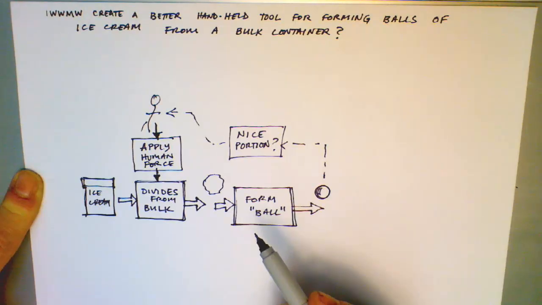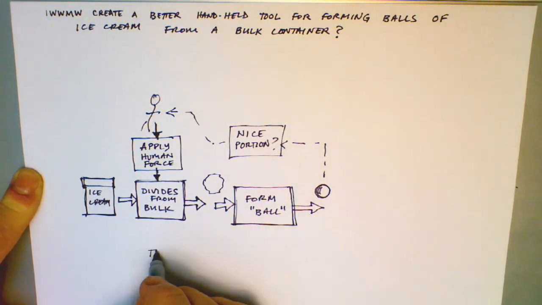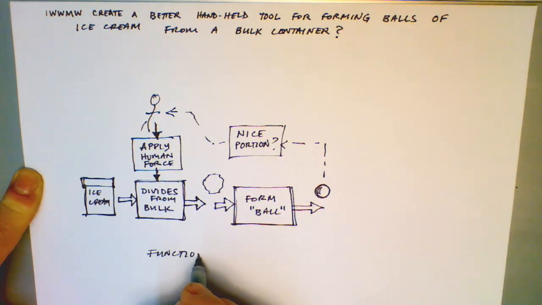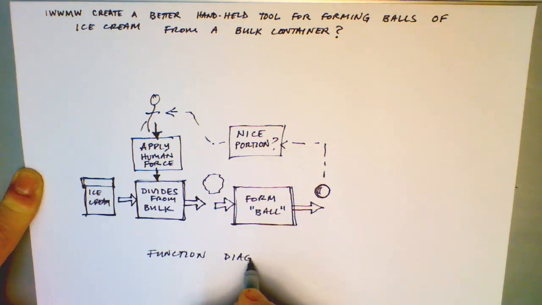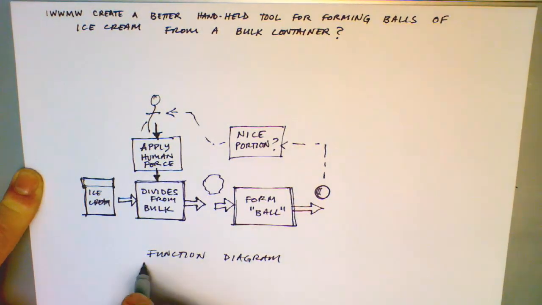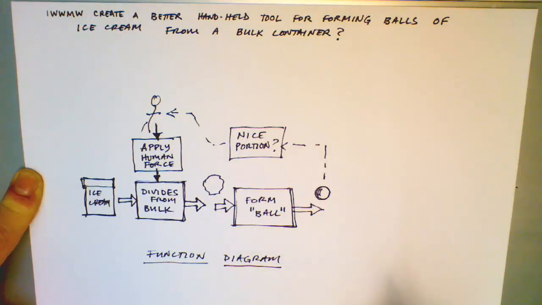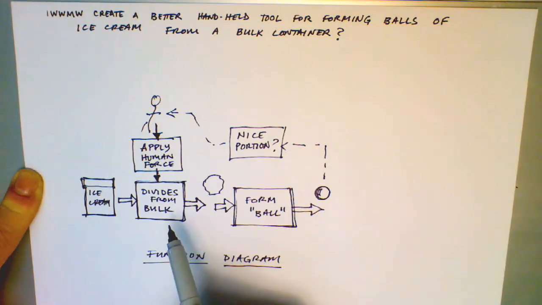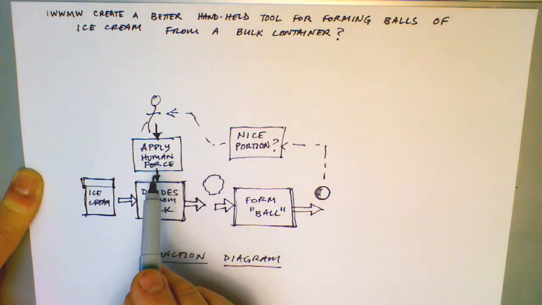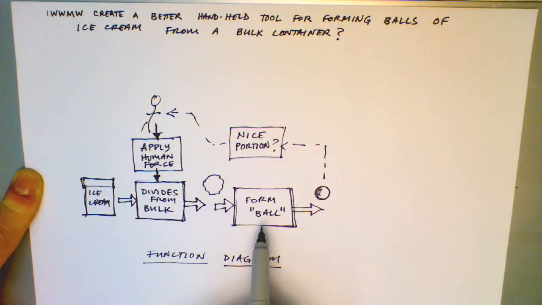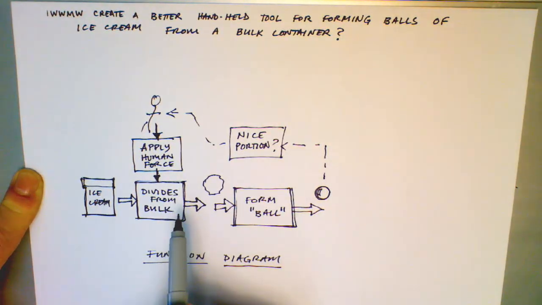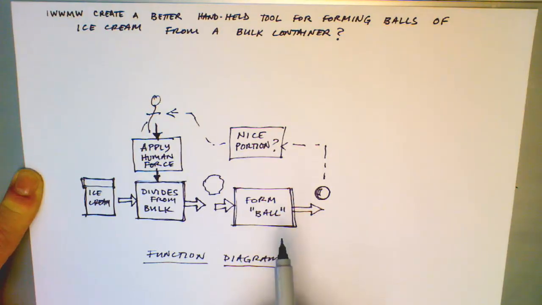The next step in actually using the function diagram for exploration is to pick typically at most 2 or 3 of these functions to use as a way to focus your exploration effort.